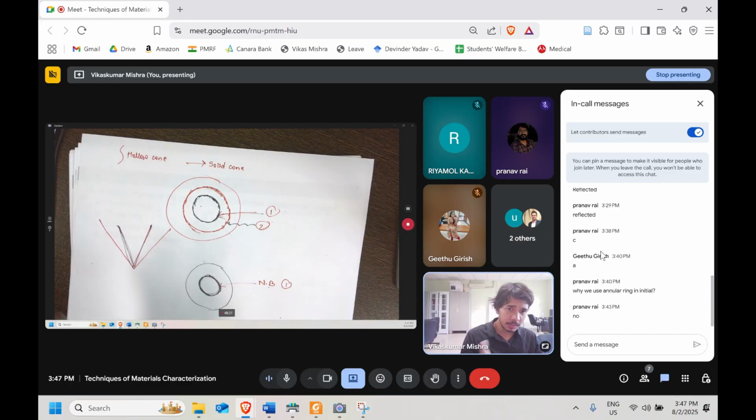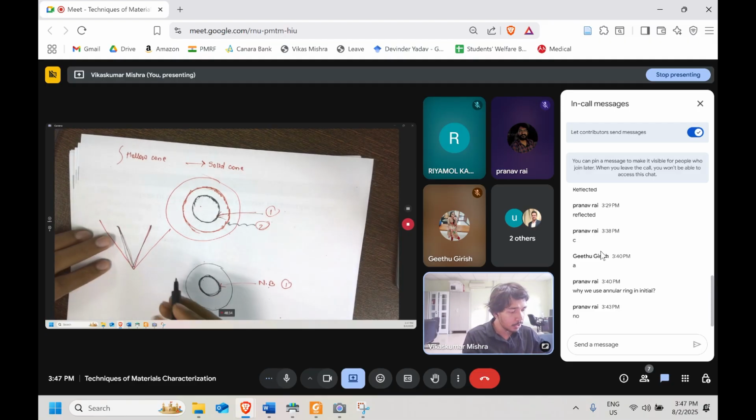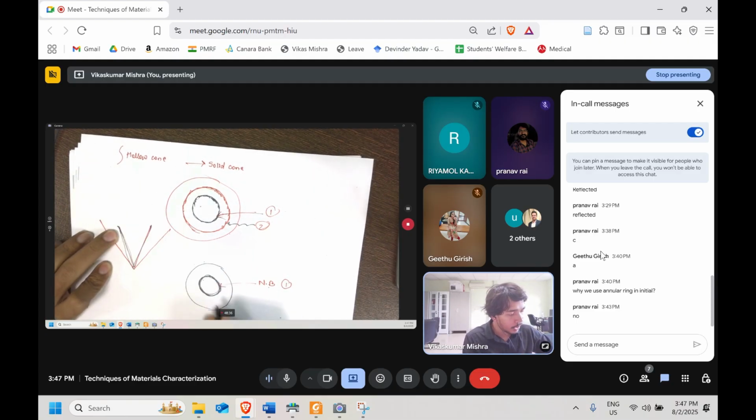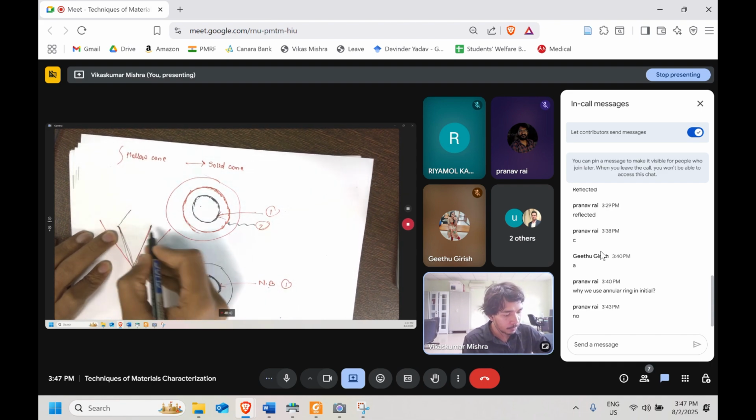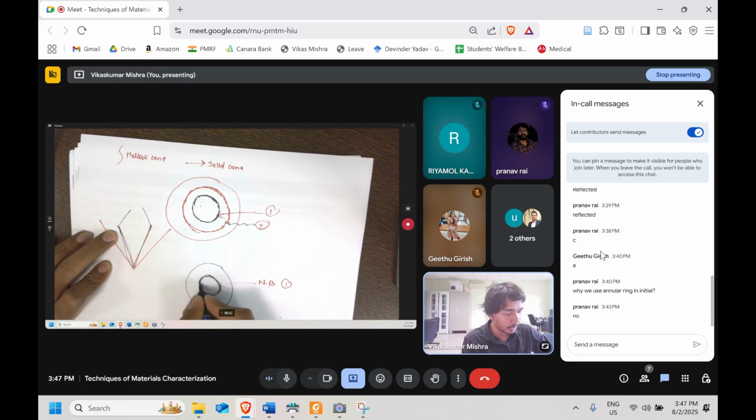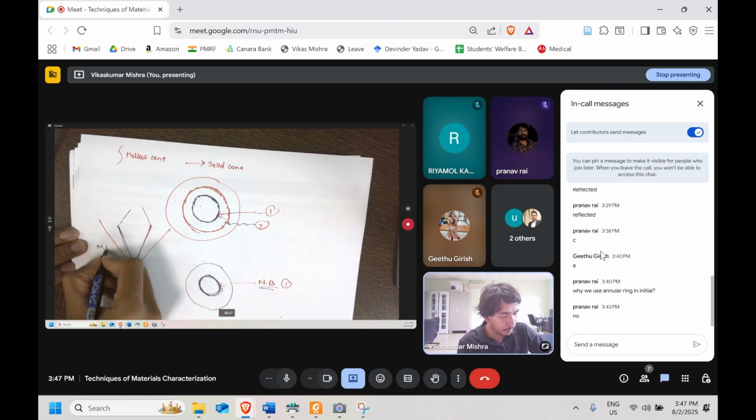Let's say after interacting with the specimen, none of them got diffracted or anything. They are following their same path, so the objective lens will try to focus. So this will focus over here. Let's say the first one is going to focus over here, and it will form this particular ring. Through this particular ring, the non-diffracted beam passes. Both are non-diffracted.